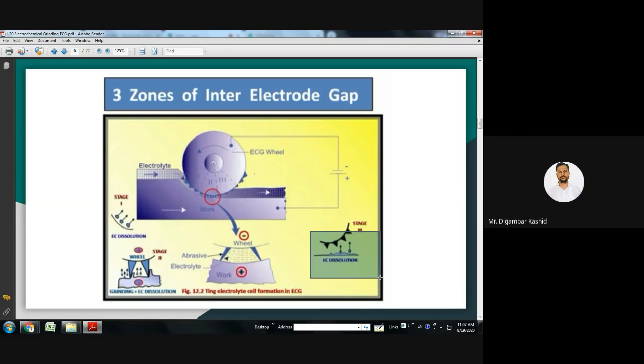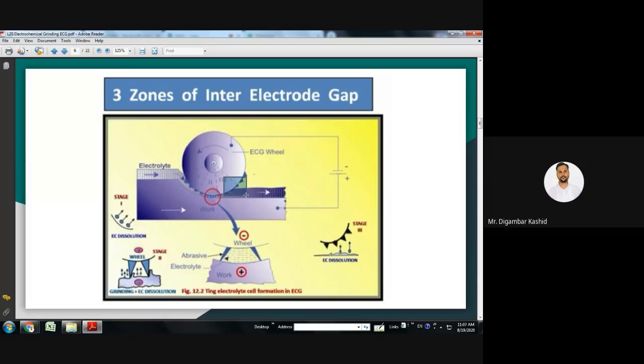In the third stage or zone 3, again the abrasive wheel, that is the grinding wheel, is lifted from the workpiece. You can see here it is lifted from the workpiece material, so again it does not touch the workpiece in this zone 3.